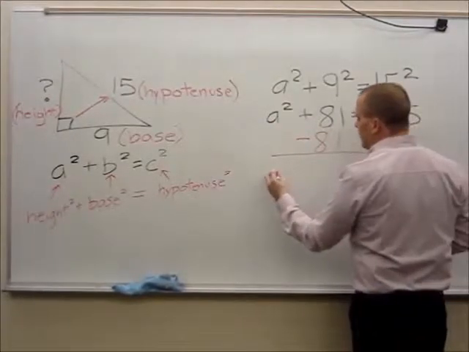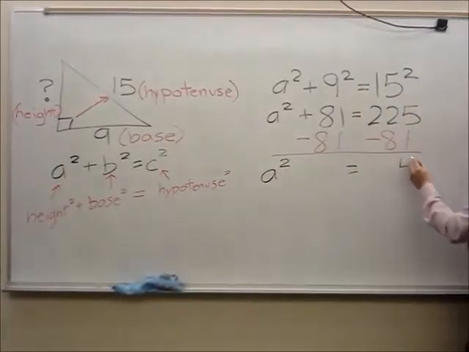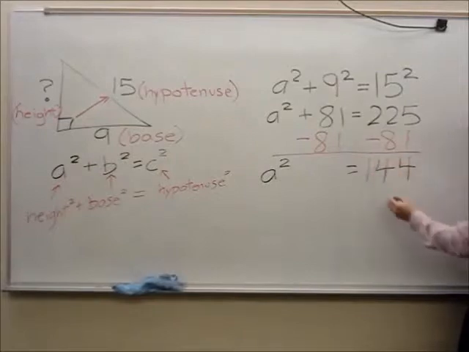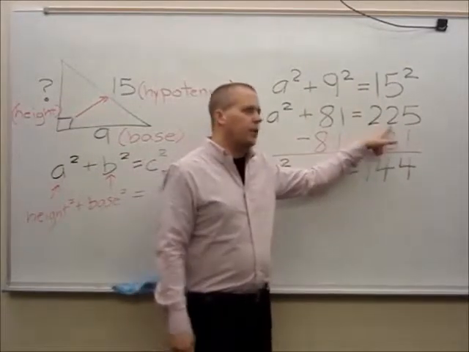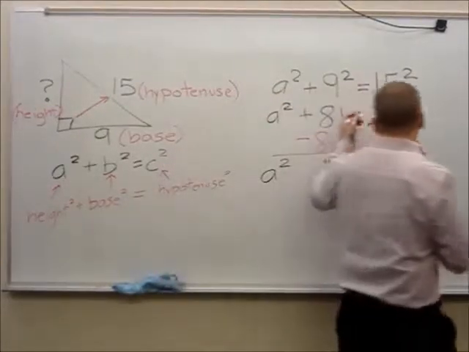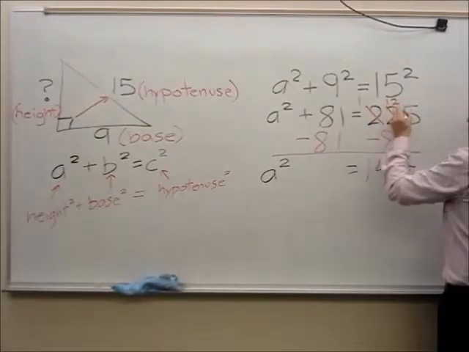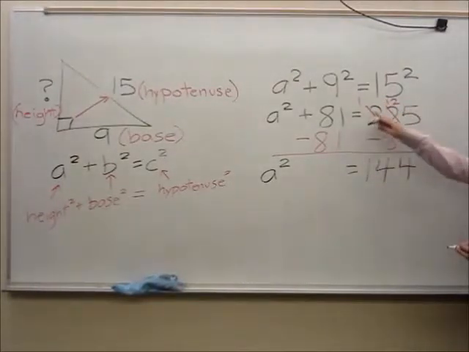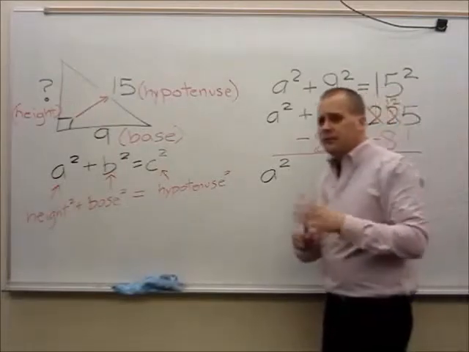I end up with A squared is equal to, I start doing this subtraction, and I've got an answer of 144. Don't forget to borrow. I can't take 8 away from 2, so I've got to borrow from this hundreds. This now becomes 12. 12 take away 8 is 4. 1 take away 0 is 1.